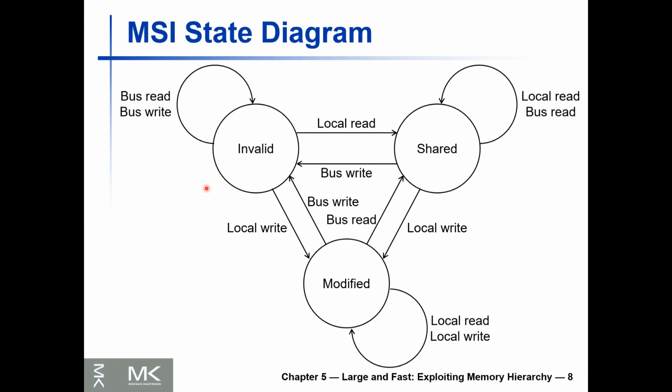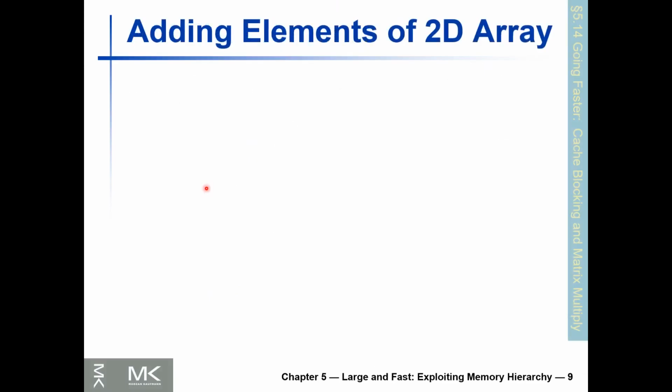Okay, the next topic we're going to look at, kind of an independent topic, is writing code in a way that takes caches into consideration when optimizing that code for performance. Let's consider the case where we have a 2D array, and we want to go through that 2D array and add all the elements in that array.